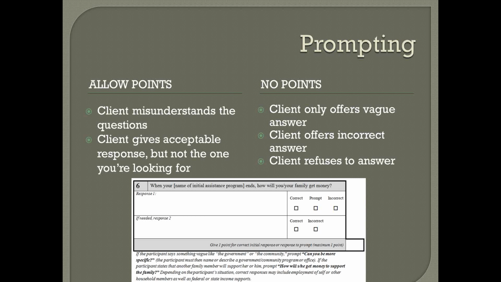If the client is elderly or disabled and maybe they think that their family will support them, and they refuse to answer this, according to the CAL guidance here, you can prompt them: how will she get money to support the family? How will your family help you? In what situation? If they just refuse to answer even after prompting, this would be no points.